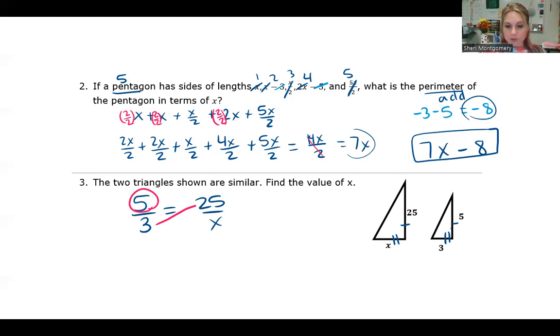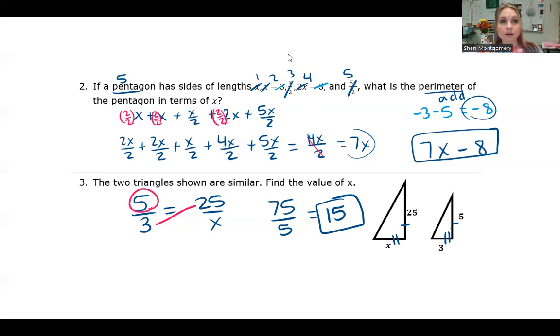So 3 times 25, and I get 75, divided by 5, and that is 15.